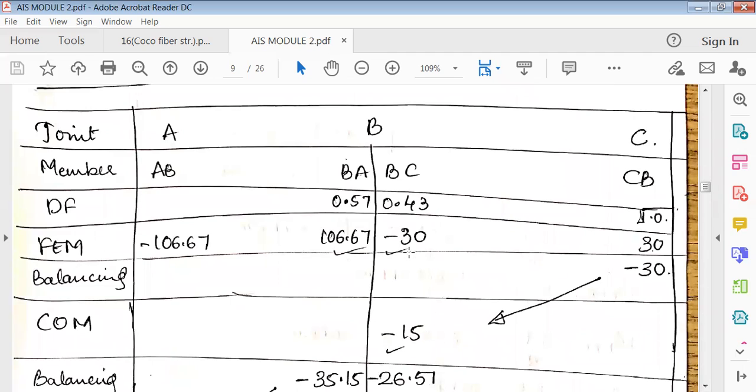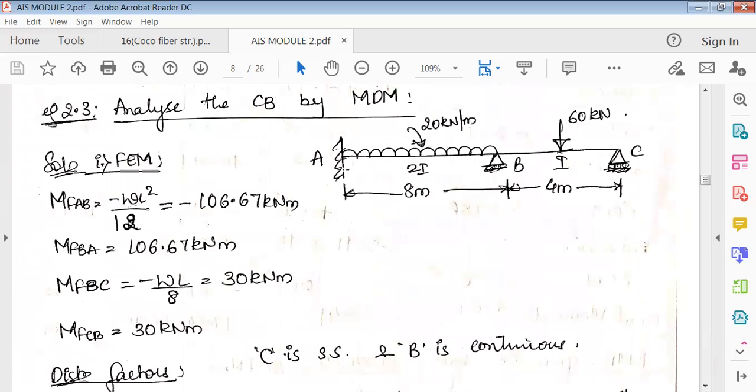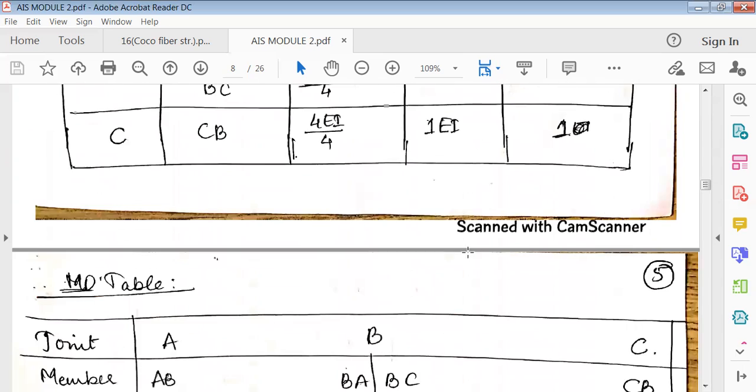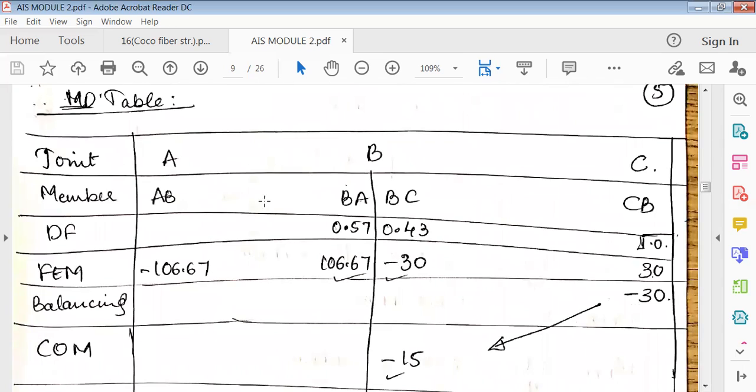In the moment distribution table, first we have joint, member, distribution factor, and fixed end moments. First the joints A, B, C. You have to draw it like this only. Joint A, B, C. Then members AB, BA, BC, CB.